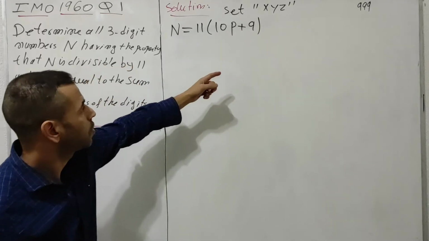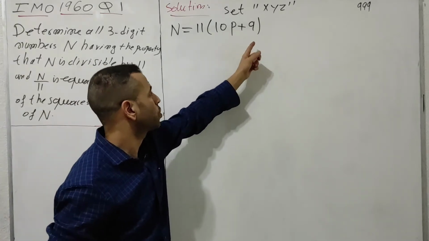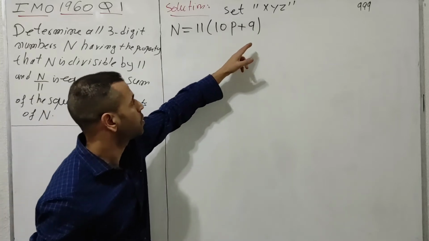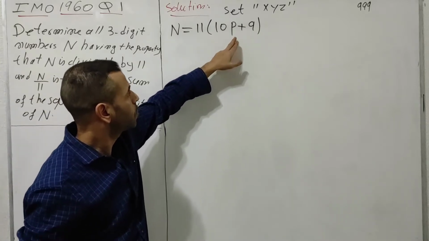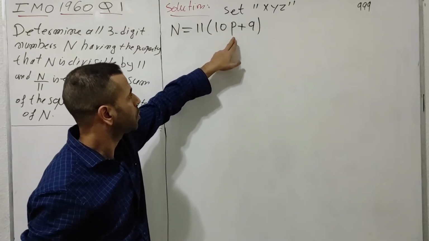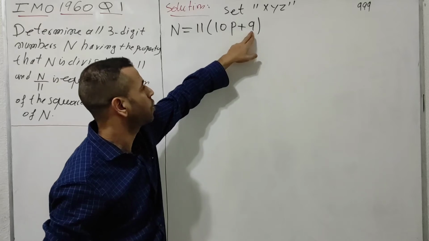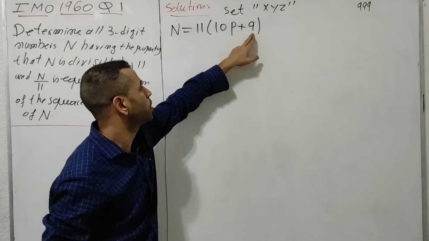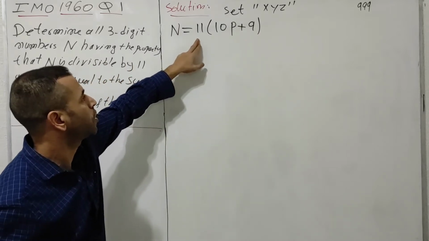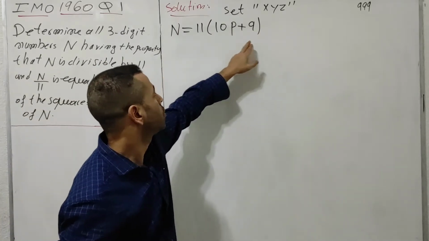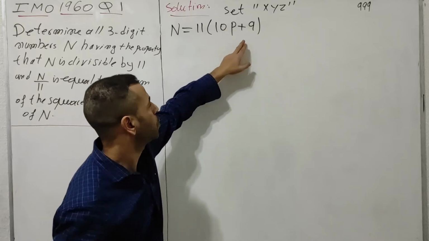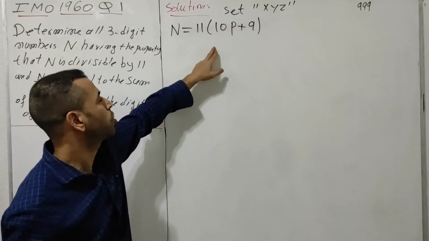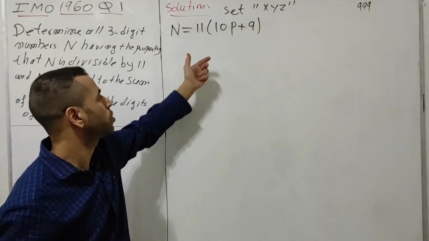Let's take, for example, p equal to 9 as a maximum number p can take. 10 multiplied by 9 is 90. Let's take q as 9, for example. So 90 plus 9 is 99. 99 multiplied by 11 gives you 999.